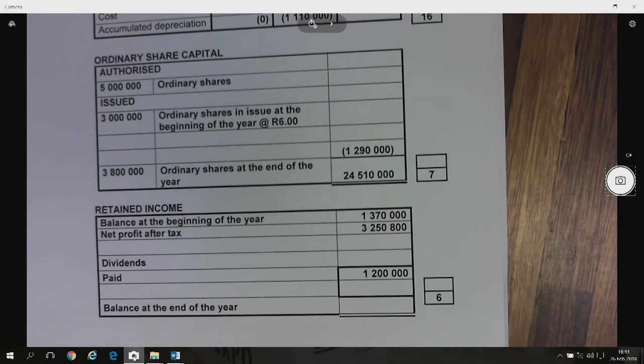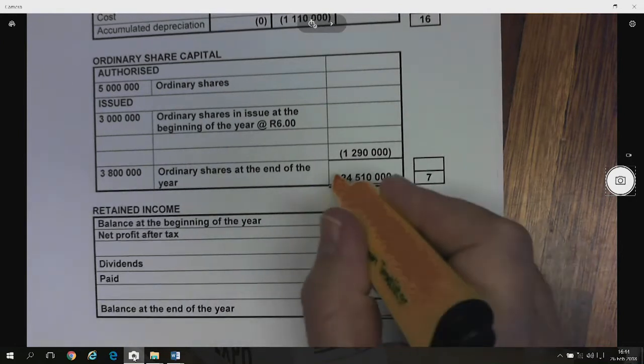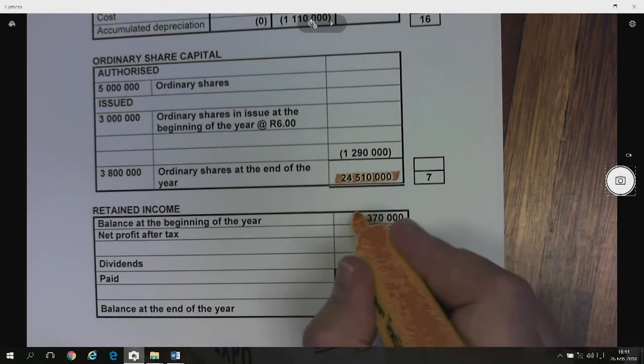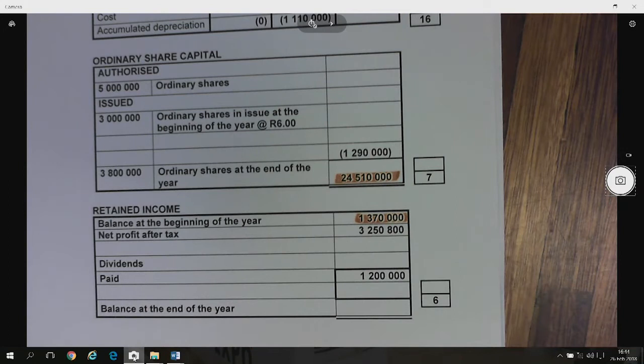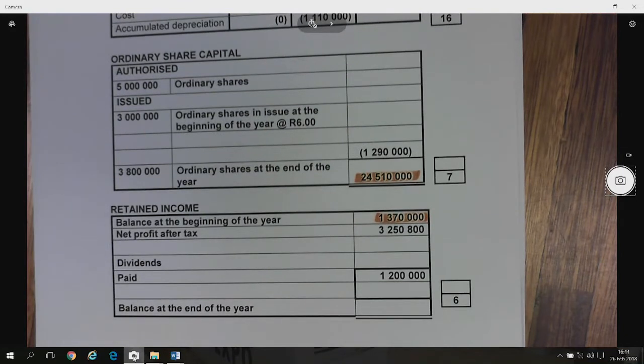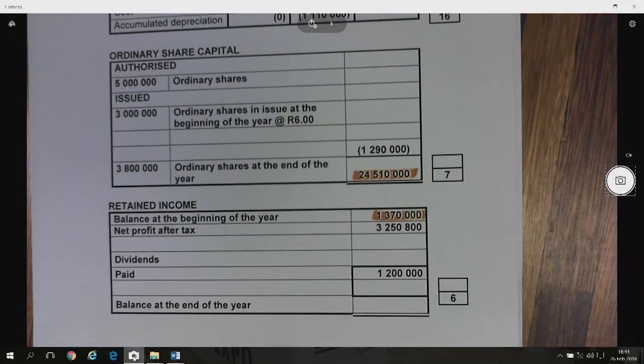Remember, this one was given, and this one was given in the information that you saw there, but luckily they gave us a little bit more. Okay, the first thing that I'm going to do, I'm going to solve the ordinary share capital note with the information that we've got, and that is not a lot.